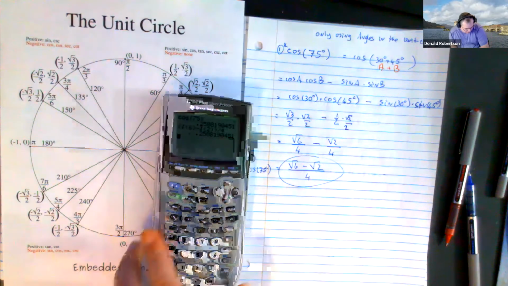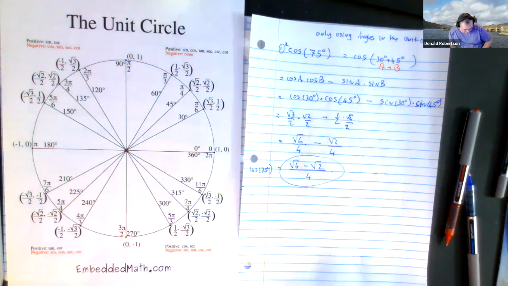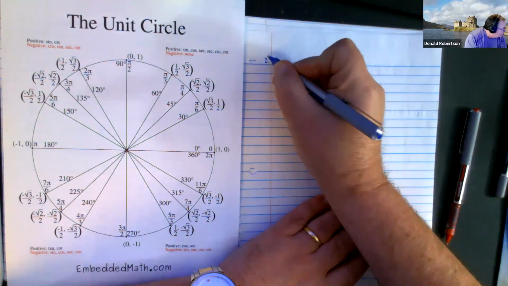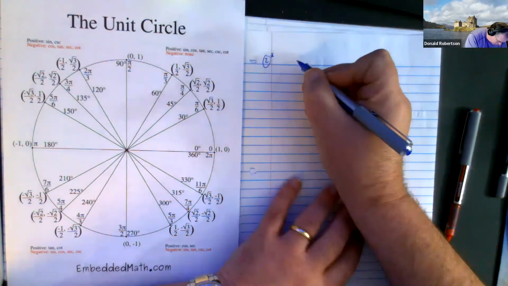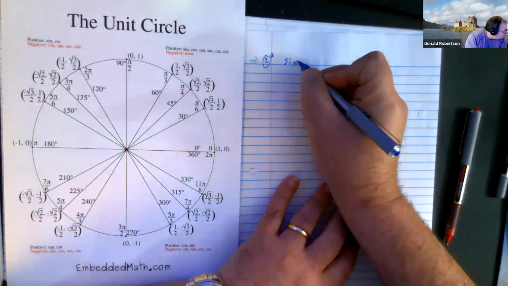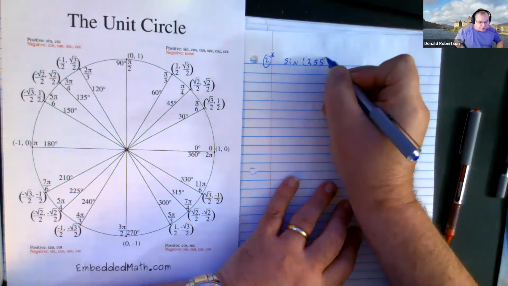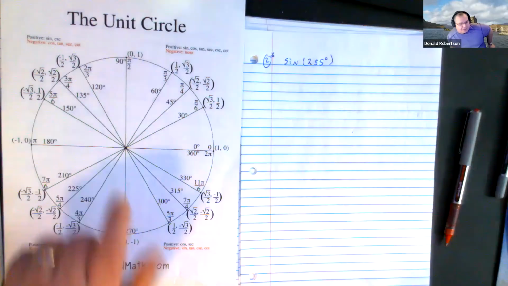That means we can now add to the angles we know exact values for, right? Okay. Next one. We want to find the exact value for the sine of 255 degrees. Okay, I'm going to keep this guy here because he's better than the one that's underneath.